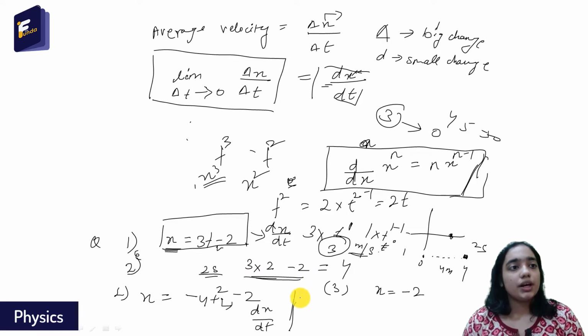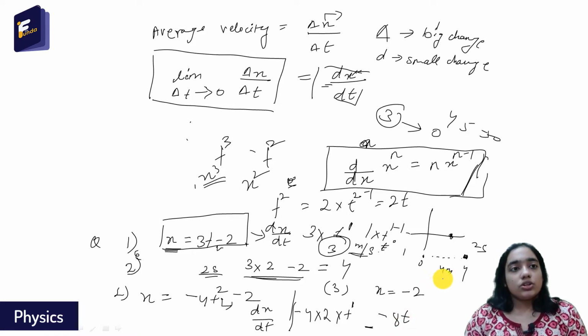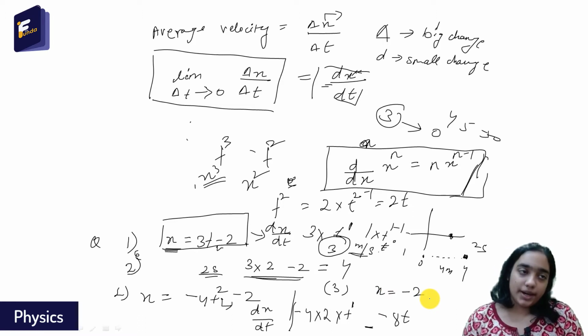So it will be minus 4 into the derivative of t square, which is 2 into t to the power 2 minus 1, that is 1. Minus the derivative of 2 is 0. So it is minus 8t.